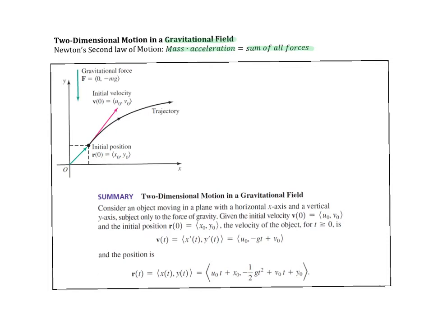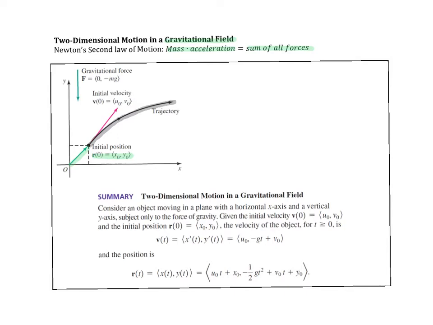Now let's look at this diagram. Let's say that we have this trajectory, and that would be this curve in black. And now the initial position does not have to be at the origin. In this diagram, our initial position is some r of 0, and we'll call that x sub 0, y sub 0.